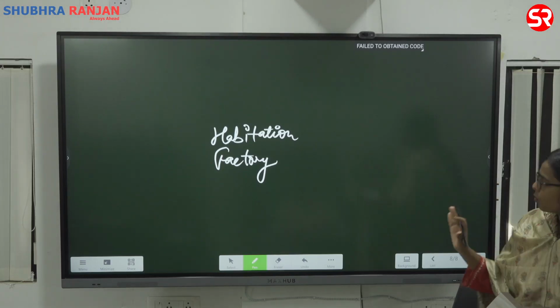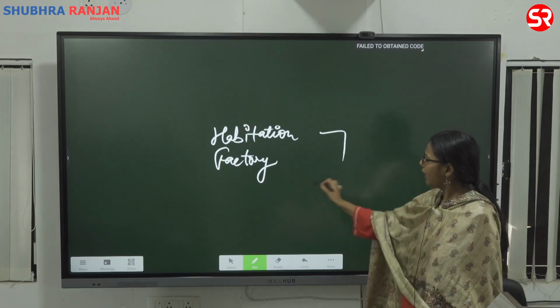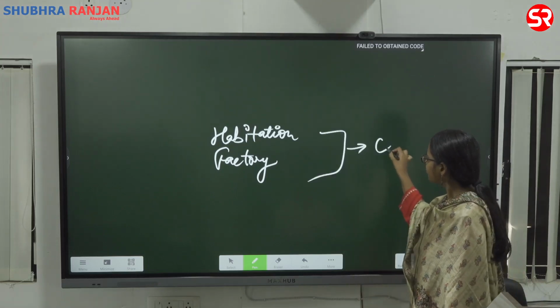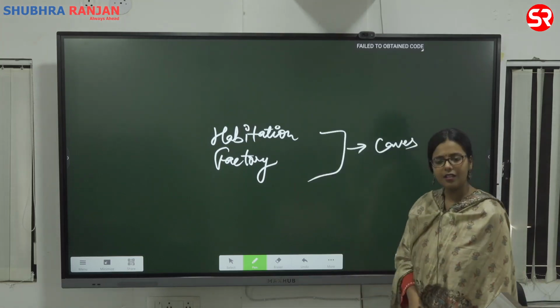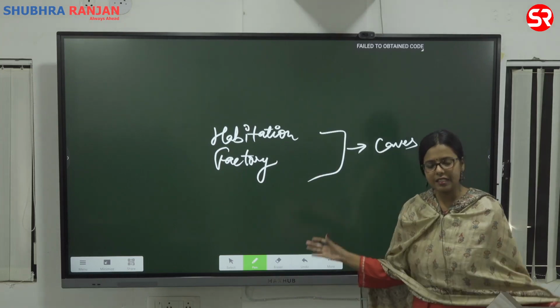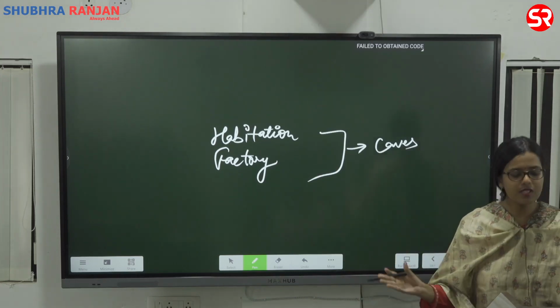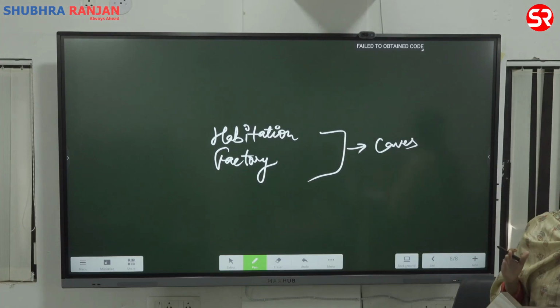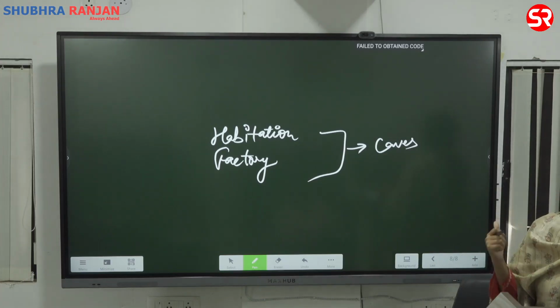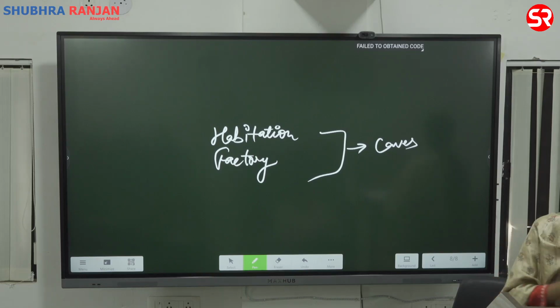Okay. So where are these located? Natural caves. Okay. They are not going to make houses just for a few months. So they used to live in natural caves. That is their habitation site.